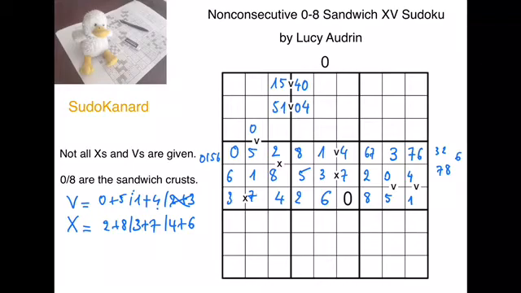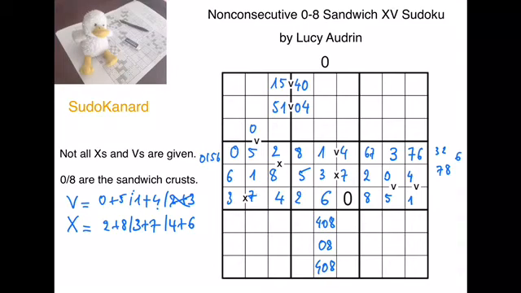But 6 and 7 still remain to be disambiguated. So we know that 0 and 4 are not here, so that's 0, 8 and 4. 0, 8 in the middle. And 4 outside the sandwich.